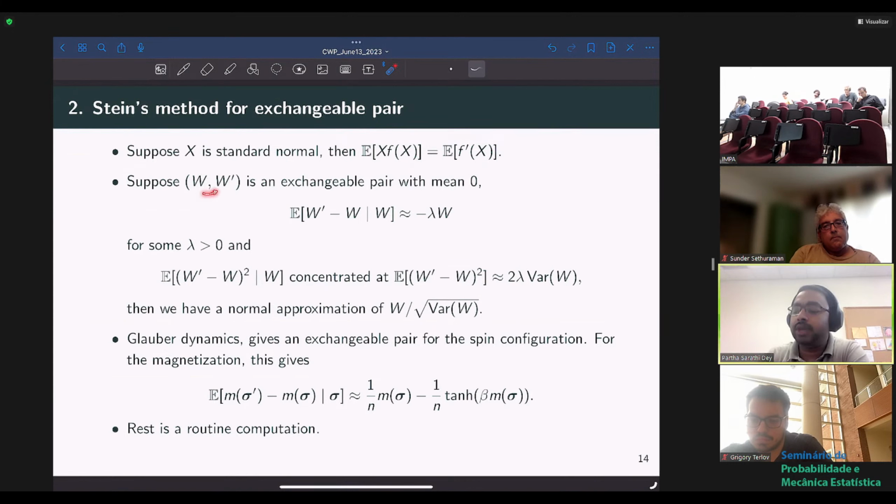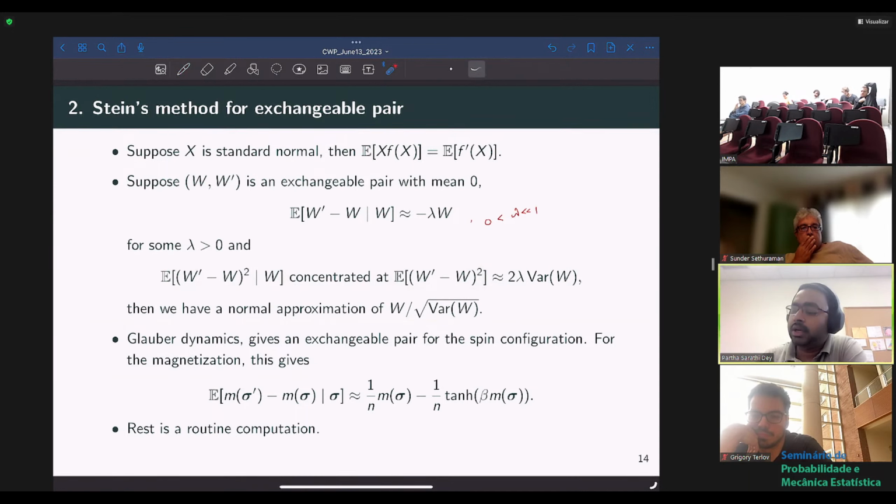Moreover, the difference is very small in the following sense: if you look at the conditional change, the difference W prime minus W given W, it is linear with some lambda positive, but lambda is very small, though strictly positive. If this is true, and the conditional second moment is concentrated around its mean, now the mean can be explicitly computed.